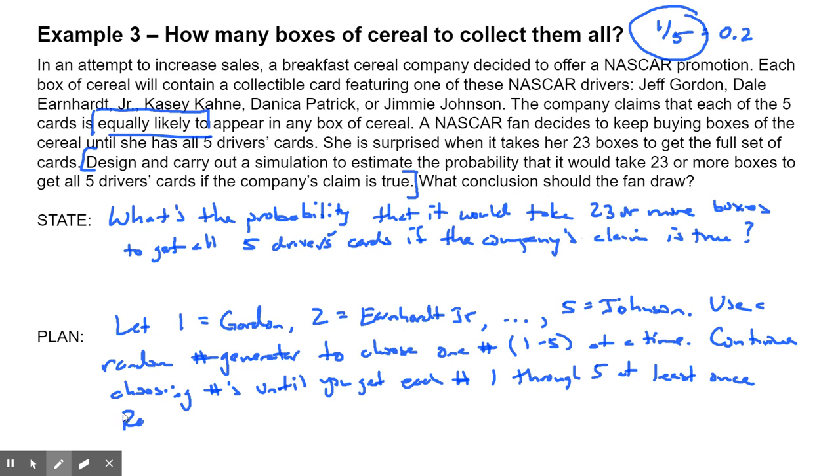Record the total number of numbers needed.